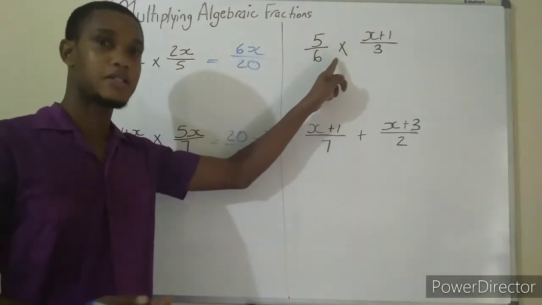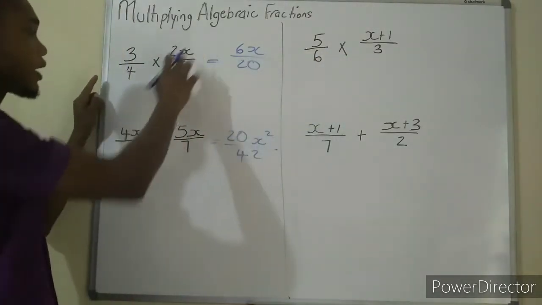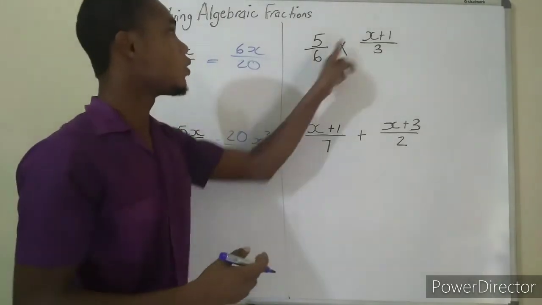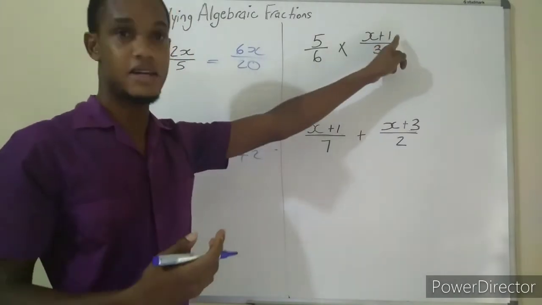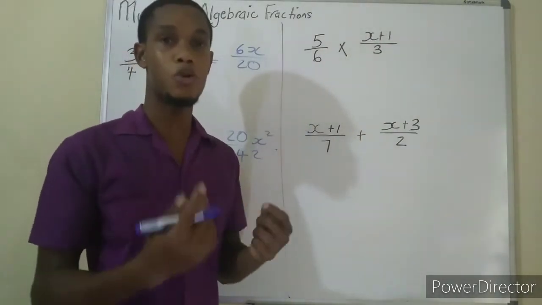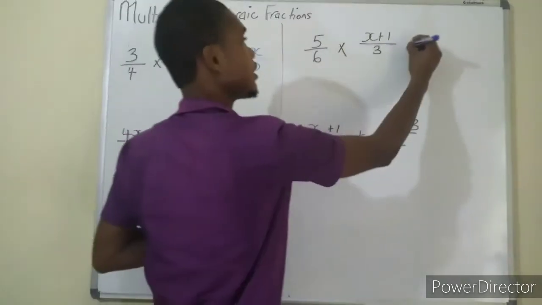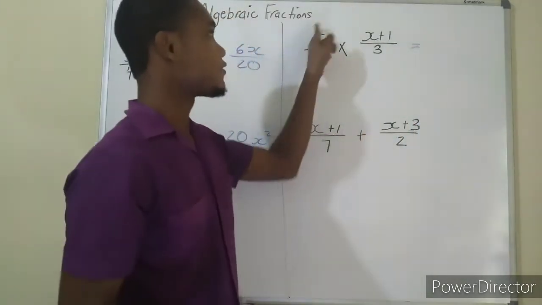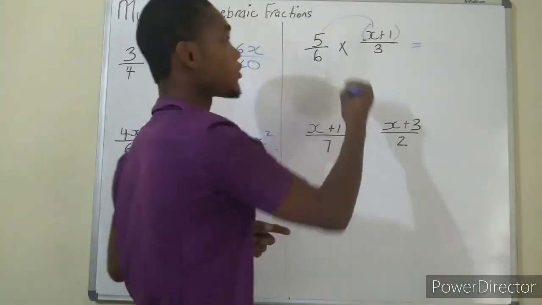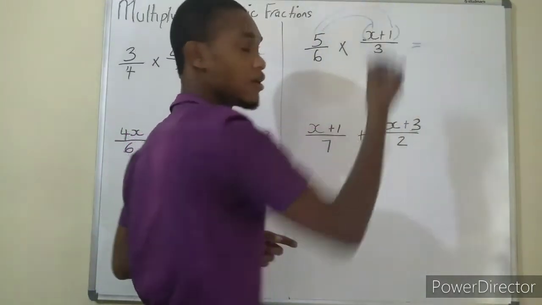Now, for this particular question, these only had one single variable without anything being added to it. Now, this has something added to the variable. So, for you to work this out, you have to use the distributive property. So it's 5 times everything on this side. So, it would be 5 times x first, and then 5 times the next part.